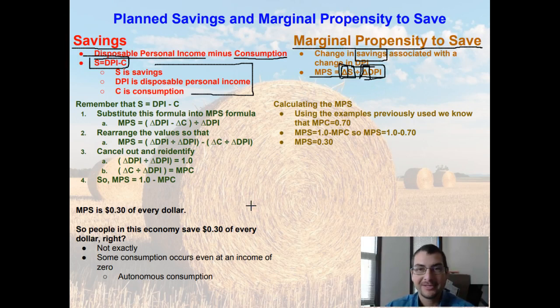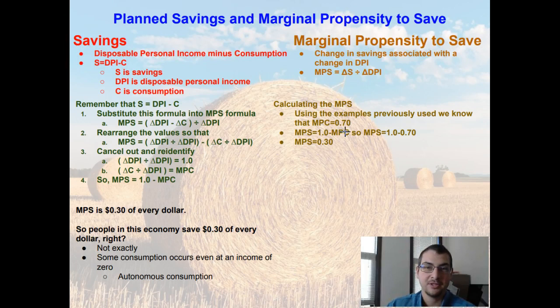Now, if you remember back to the marginal propensity to consume and how we calculated that, we actually knew how much the consumption changed by, and we also knew how much their income had changed by, so we were able to just plug it all in to come up with the marginal propensity to consume. But in this, we're going to go about this a different way. So remember that savings equals disposable personal income minus consumption.